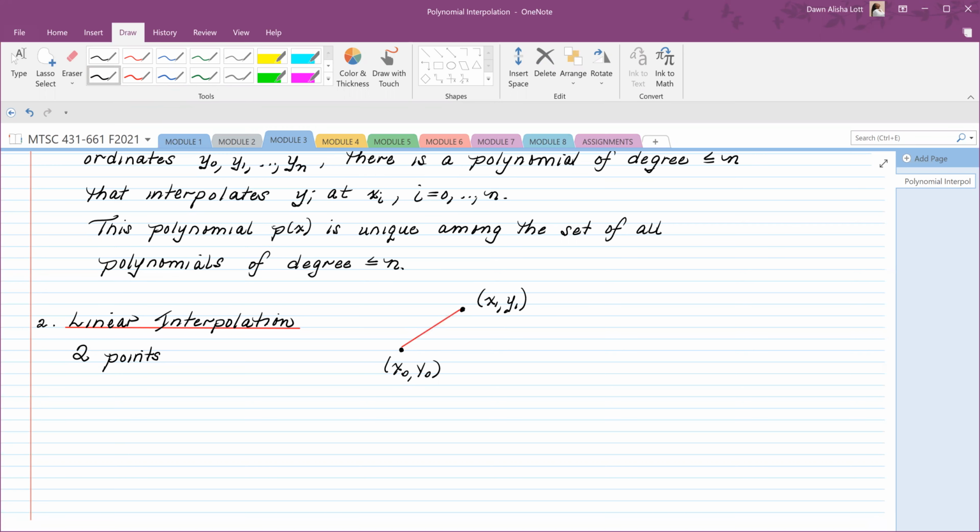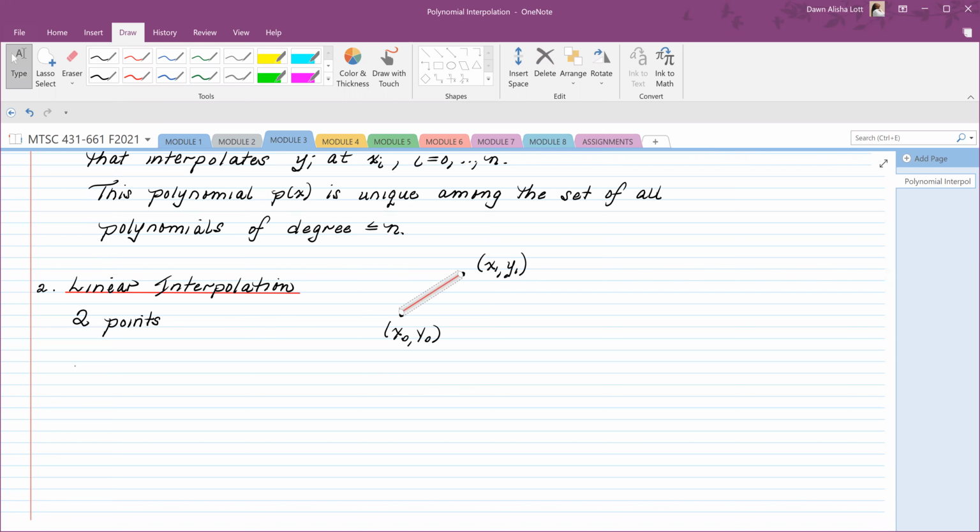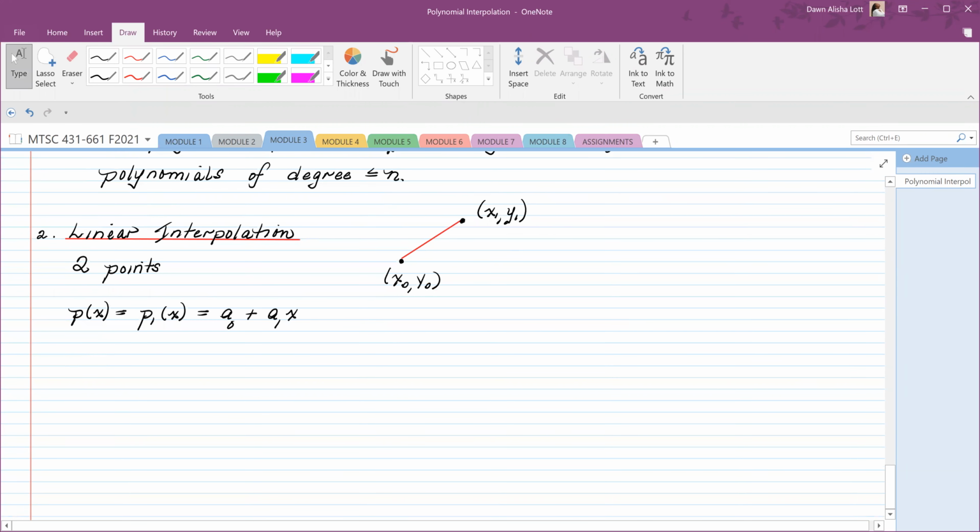So that means that P of X is a line. So P1 of X, because it's of degree of order 1, is A naught plus A1X. All righty. Well, we already know how to find the equation of a line.